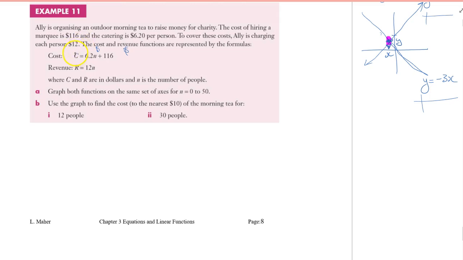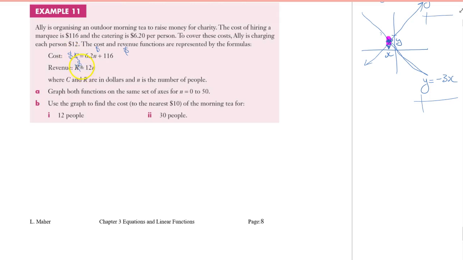So really we could replace that with dollars, and we could replace that with dollars, and now we only have two variables, a dollars and an N, a dollars and an N. The N represents the number of people. This dollar represents the cost.